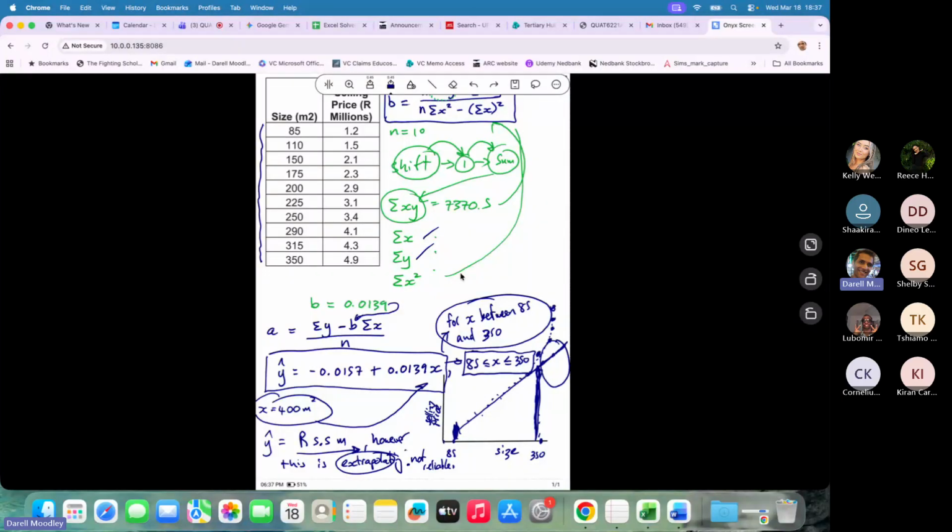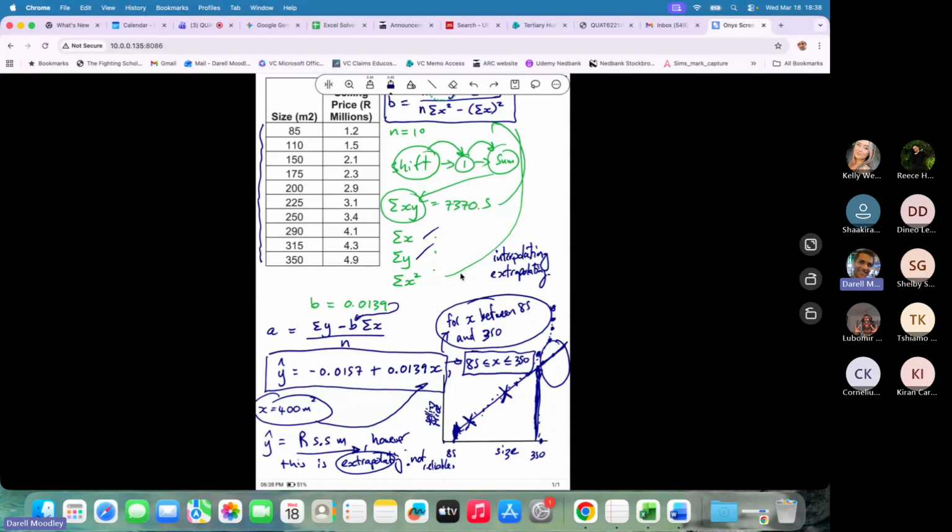Now what do I mean by extrapolating? There are two things: interpolating and extrapolating. Interpolating means we are just making estimates within the bounds of that x. For instance, if I want to make a prediction here, that's interpolating because it's within the bounds of x. Any prediction within the bounds of our data, the x values, is interpolating.